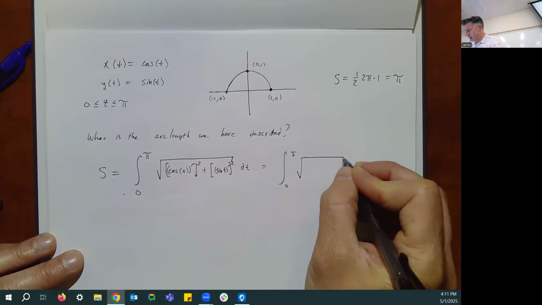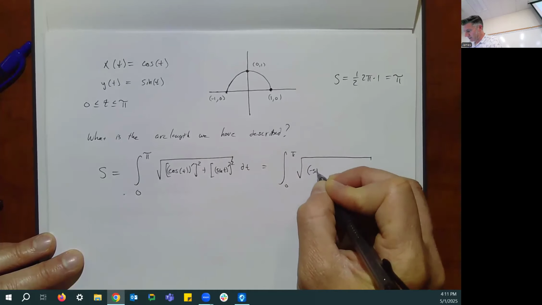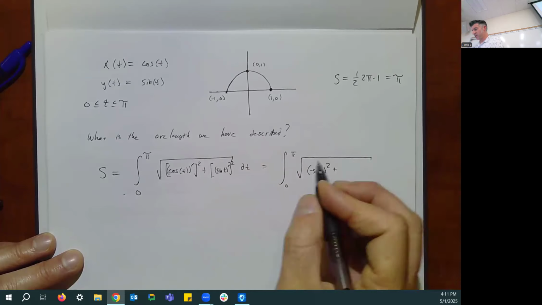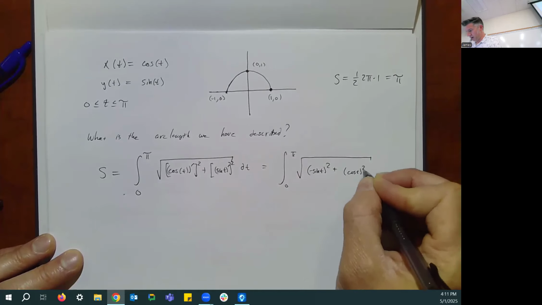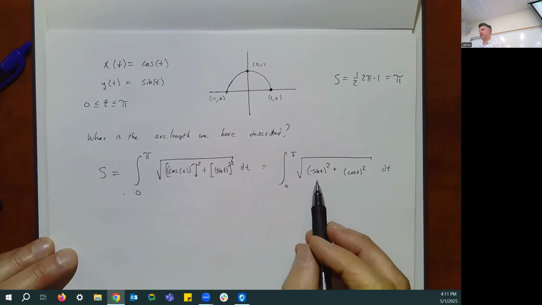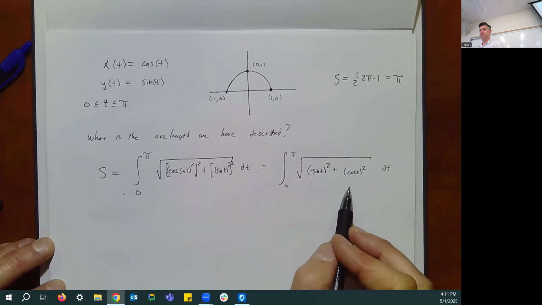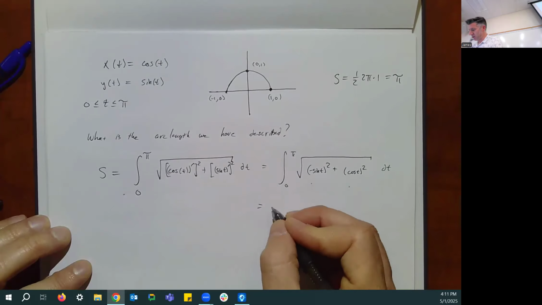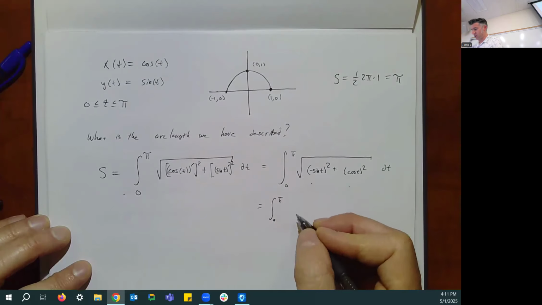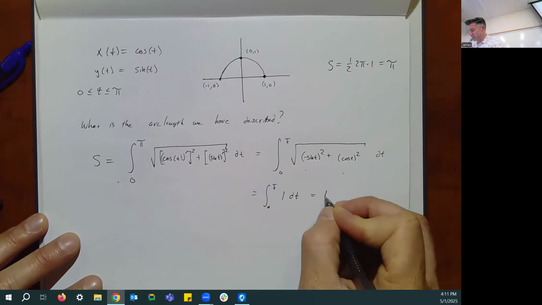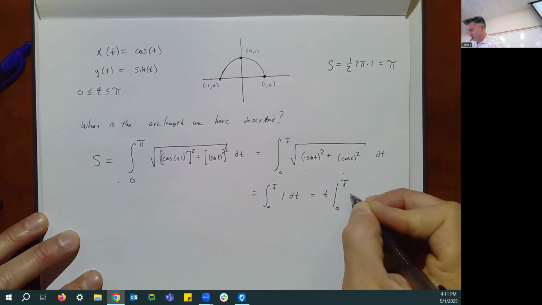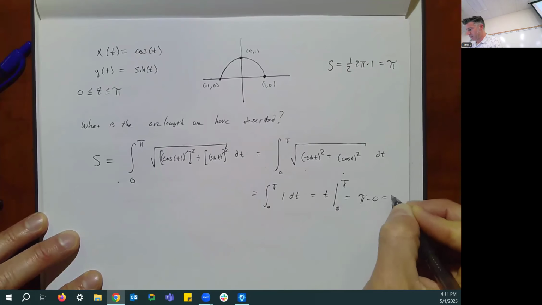So we have the square root of (negative sine of t) squared plus (the derivative of sine of t, which is cosine of t) squared, dt. But what's sine squared plus cosine squared? 1. So we really have the integral from 0 to pi of the square root of 1, which is 1. We integrate 1, we get t evaluated from 0 to pi. We get pi minus 0, which is pi.